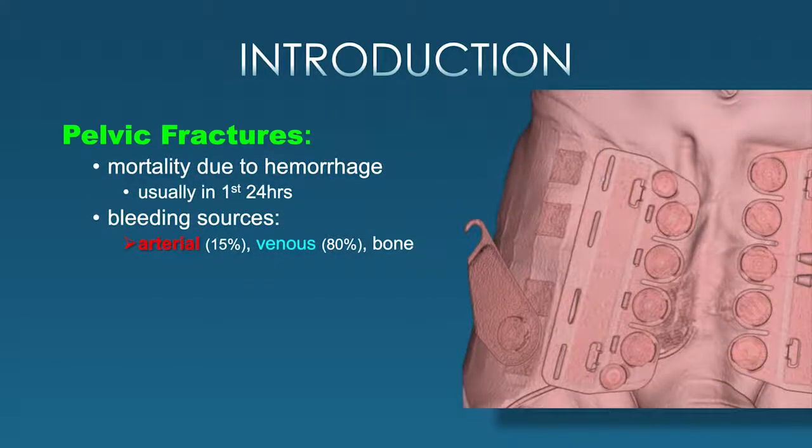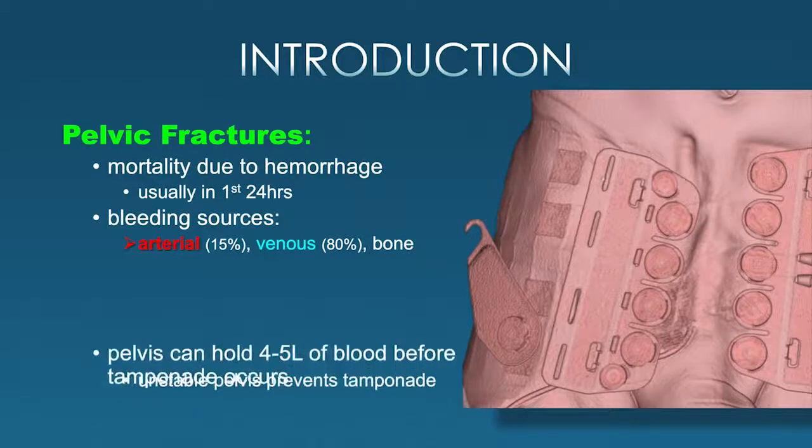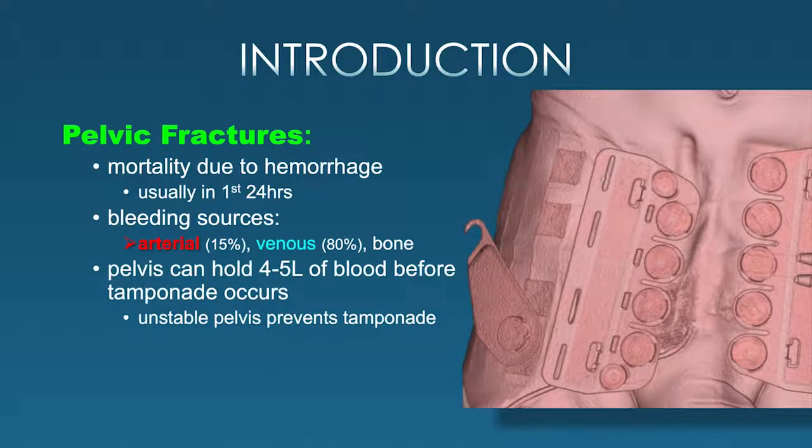So mortality is most commonly related to hemorrhage. That typically happens within the first 24 hours. Bleeding sources can be arterial in about 15%, the majority being venous and a small percent being osseous bleeding. The pelvis can hold 4 to 5 liters of blood before tamponade occurs spontaneously, and the unstable pelvis is unable to prevent tamponade because you can keep expanding the size of the pelvis.